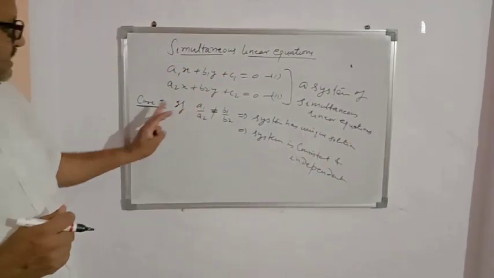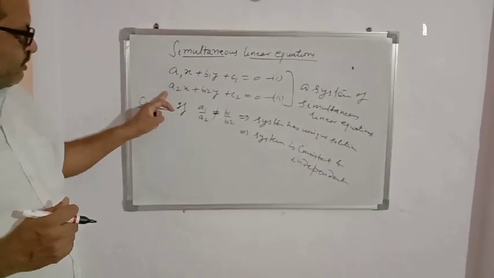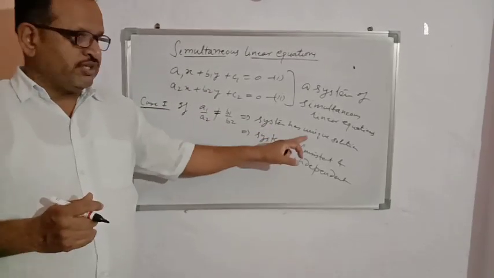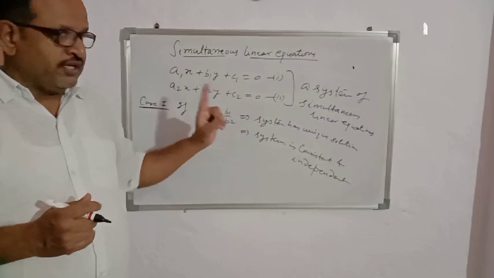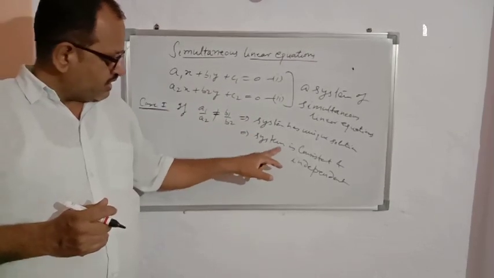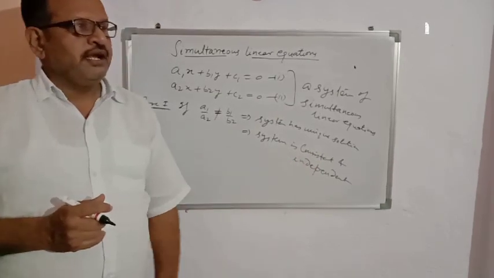So see the first case, if a1 upon a2 is not equal to b1 upon b2, it means the system has a unique solution. After solving, we will get only one value of x and one value of y. And it is also called consistent and independent.